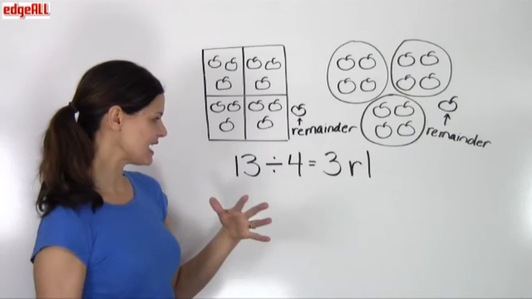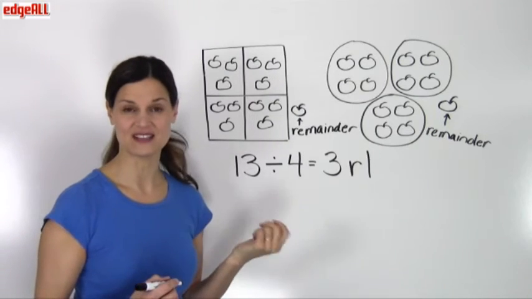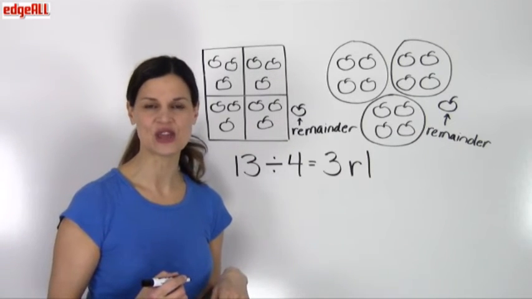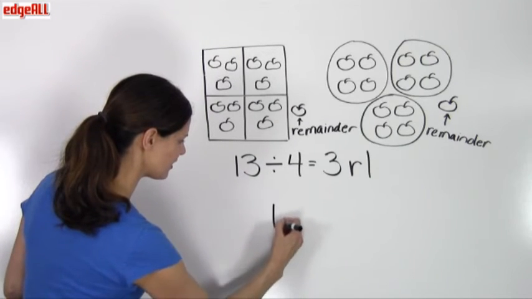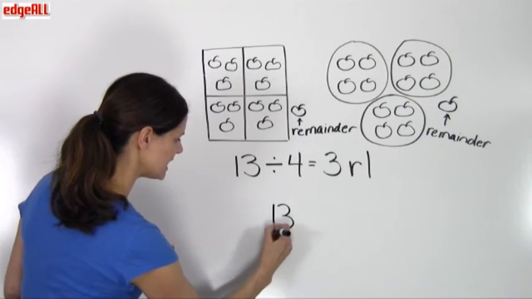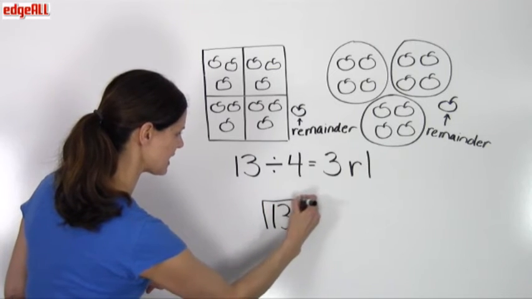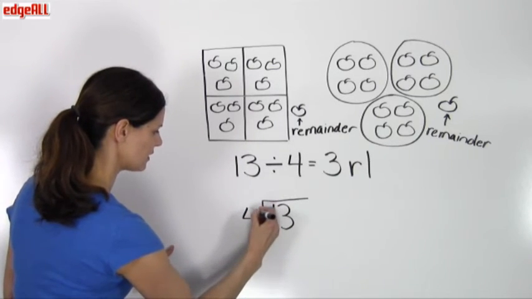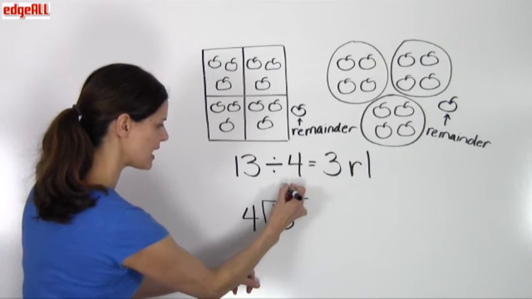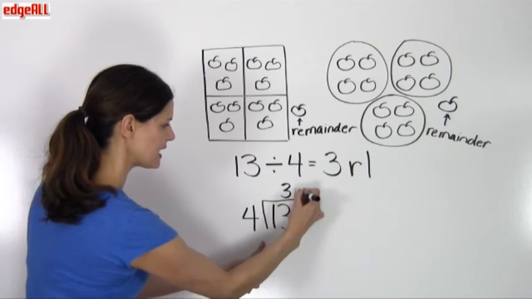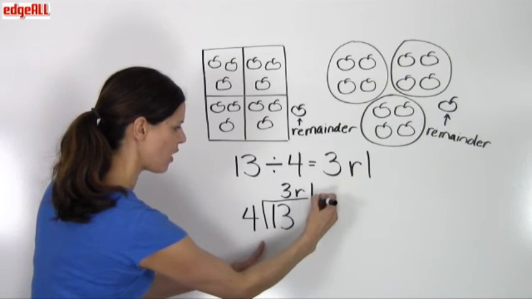And to write it in another way that we write division and that we're going to learn to use for long division, it would look like this. 13 divided by 4 equals, we put our quotient here on top, equals 3 remainder 1.